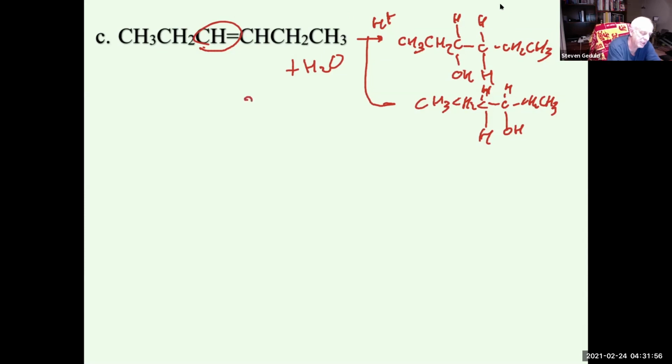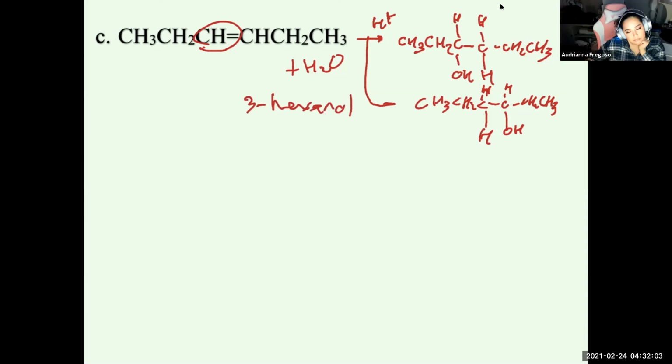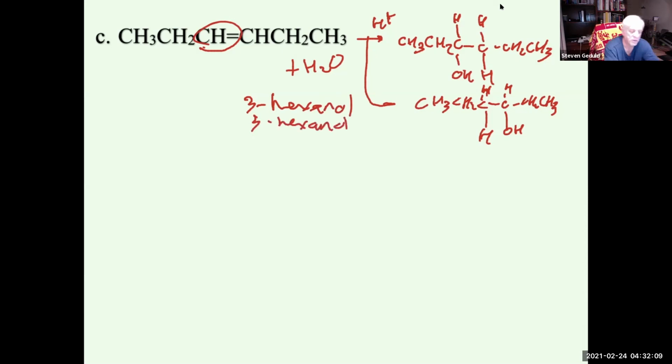Top one is 3, 6 carbons, hexanol, right? Name the bottom one. 3-hexanol. The exact same thing. So it's not 50-50 and it's not major minor. It's only one product that's formed. And the only product that's formed is 3-hexanol.